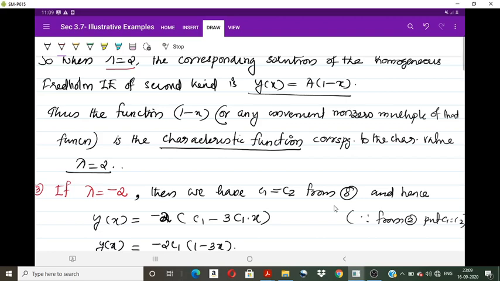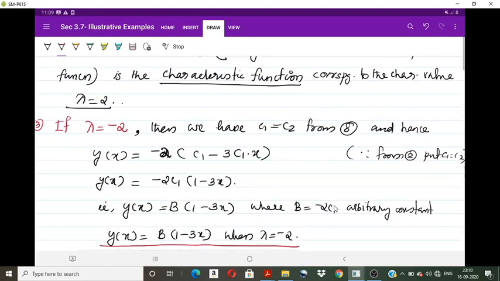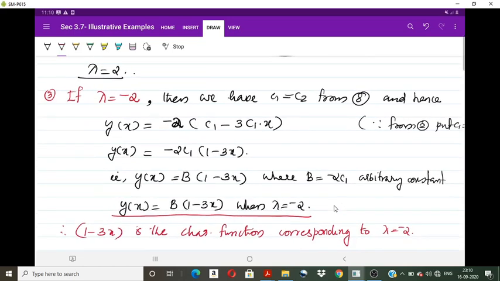So again, the solution is of the form y of x equal to 0 minus 2 into C1 minus 3C1 into x, since C2 is equal to C1. So this is equal to minus 2 C1 into 1 minus 3x, and if we denote minus 2 C1 by capital B, we have y of x equal to B into 1 minus 3x.